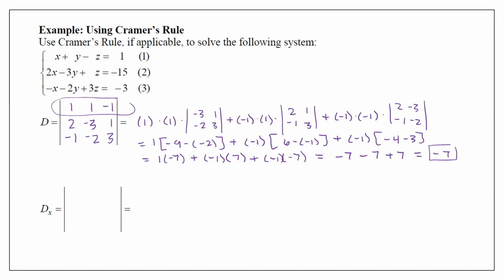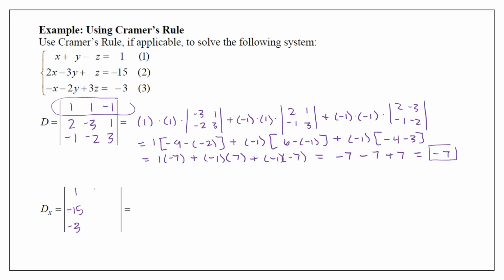Okay? So now let's find the determinant D subscript X. So that means for the column that represents the coefficients of the X variable, I'm going to replace those values with the constants. So now I will have 1, -15, and -3.